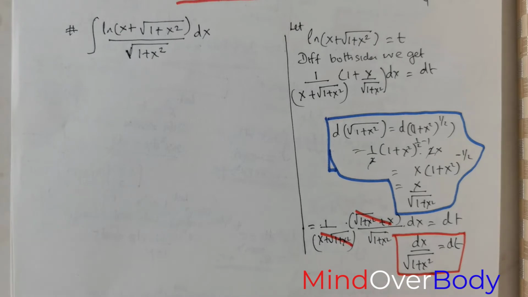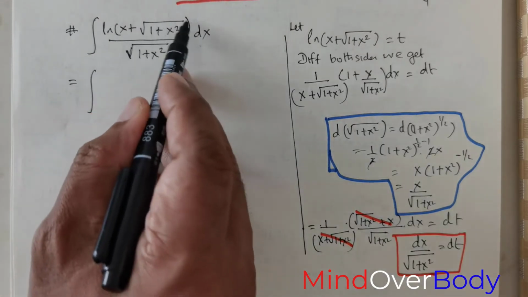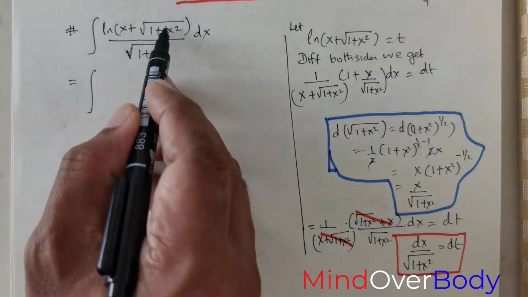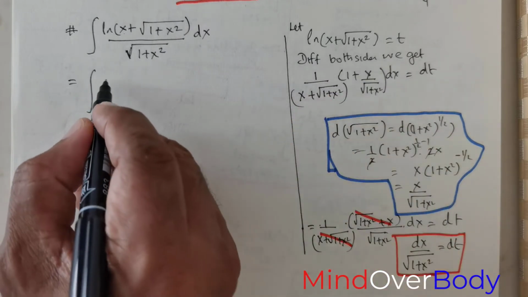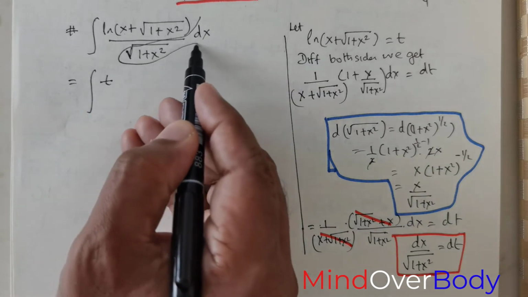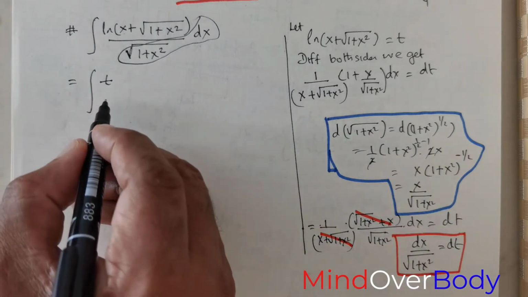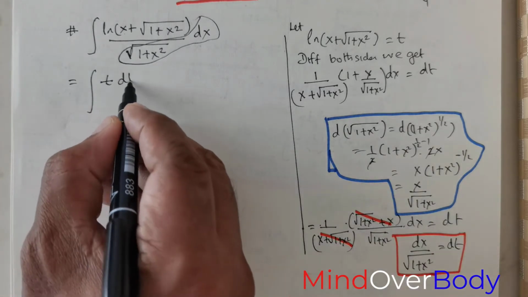So this is now going to be equal to the integral. In place of ln of x plus root of 1 plus x squared, I am going to substitute t. In place of dx over root of 1 plus x squared, I am going to substitute dt. So this is going to be the situation.